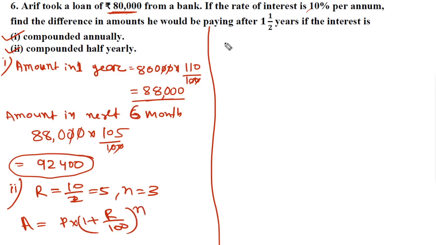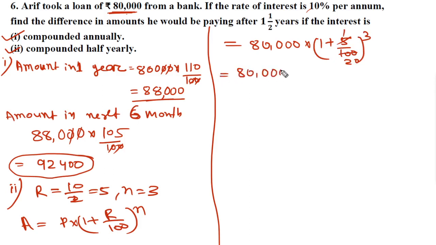Which will be equal to P is 80,000 into 1 plus R is 5 by 100 to the power n is 3. Now you can cancel here 5 1, it will be 20. So equal to 80,000 into 21 by 20 to the power 3.